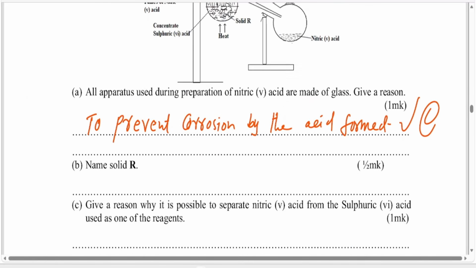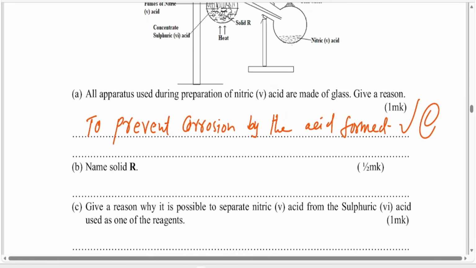Name solid R. Learners, when we are preparing nitric (V) acid, we use a salt, and in our case, the salt that we usually use is potassium nitrate. Potassium nitrate is commonly used because it does not contain water of crystallization.